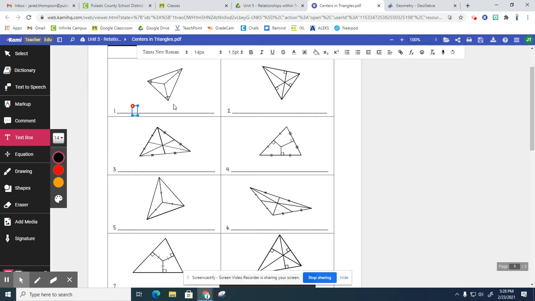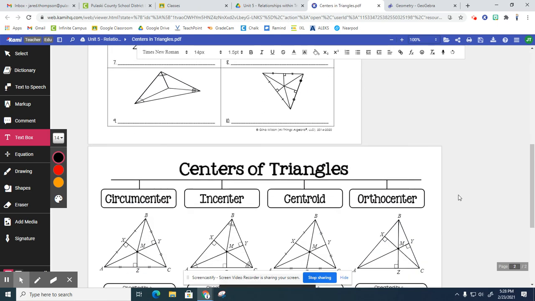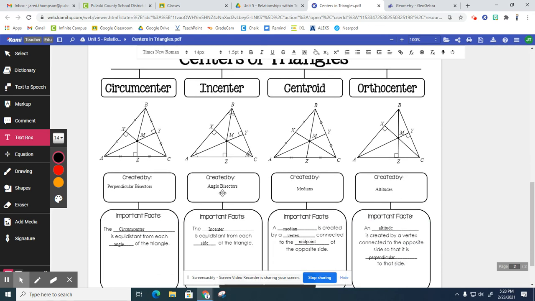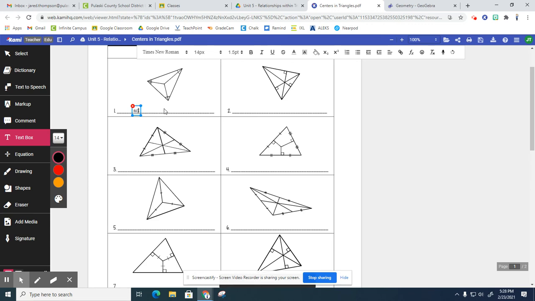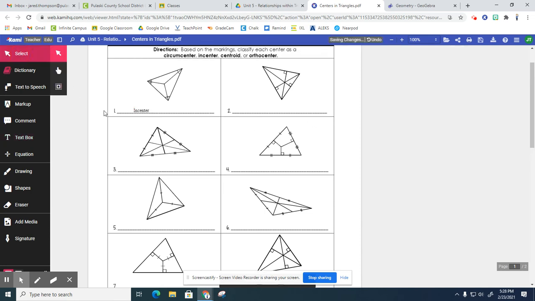That means those angles have been cut in half, so those angles have been bisected. Which one of our centers was about angle bisectors? If we go back and look at what I wrote, it's the incenter. So this first one is an incenter. That's all you do. You just look at the markings and tell me the name.